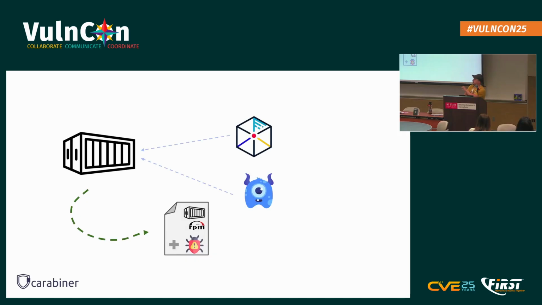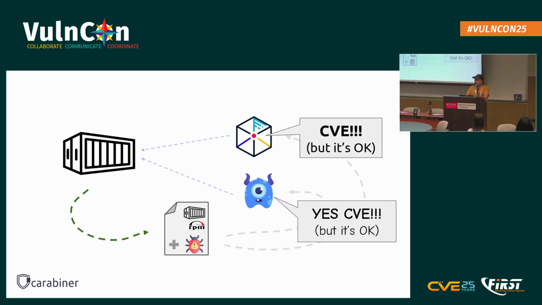So you have that document, and then when you point the scanners at your product again, you feed that document to the scanners, and they will still find a vulnerability, but based on the assessment contained in the VEX document, they may choose to suppress that from the output. Basically, the dream that they were just discussing in the previous talk in OpenVEX is a reality. Both Trivy and Grype already support natively the ingestion of OpenVEX documents.